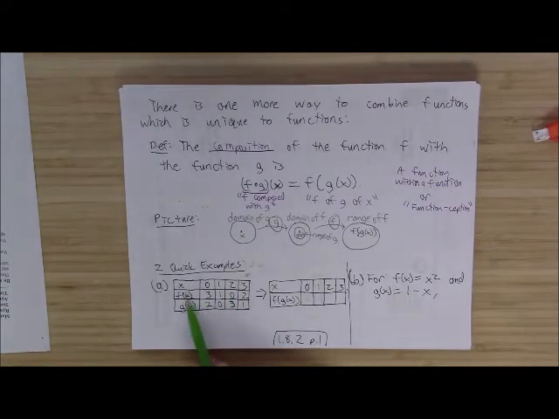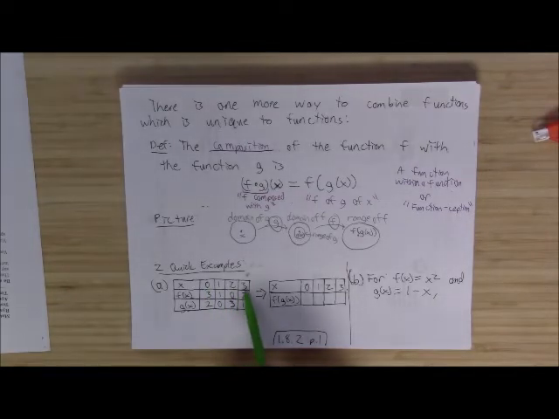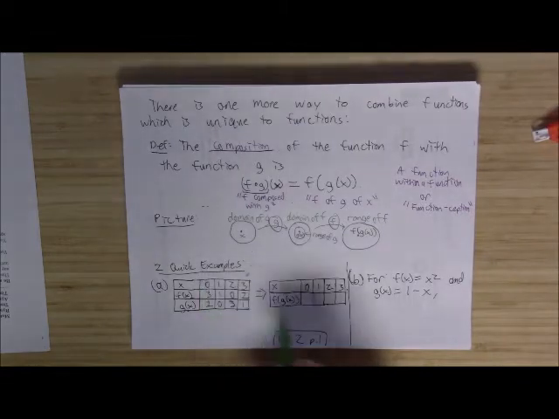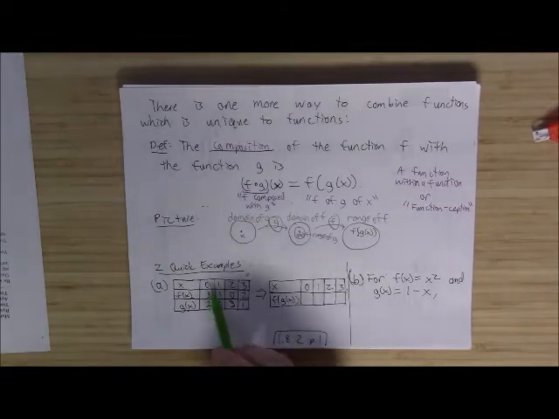Two quick examples of this. We have here that if f takes 0 to 3, 1 to 1, 2 to 0, and 3 to 2, and g of x takes 0 to 2, 1 to 0, 2 to 3, and 3 to 1, then what would we have? We would have that f of g of x would be what?